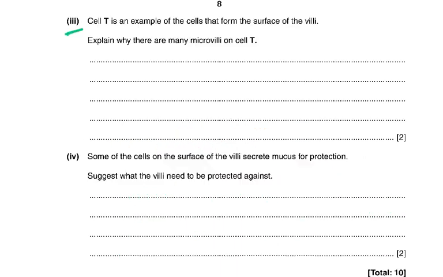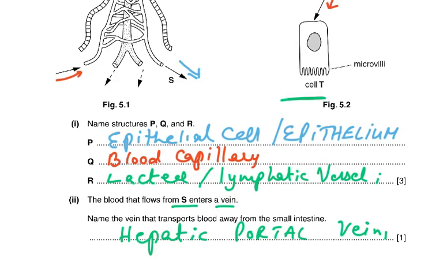Part 3 says cell T is an example of cells that form the surface of the villi. Explain why there are many microvilli on cell T. Now microvilli means the cell membrane is just folded. It's just one cell. So the cell membrane is folded, which gives a large surface area to maximize absorption by diffusion or by active transport.